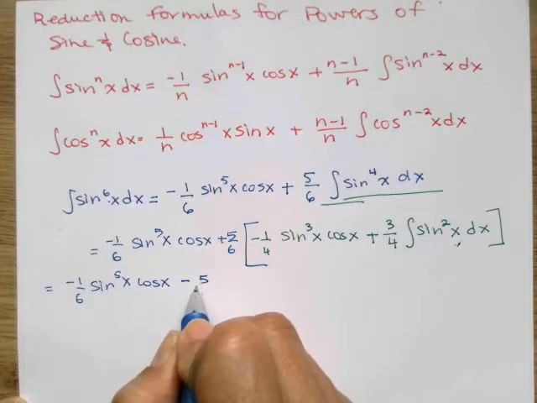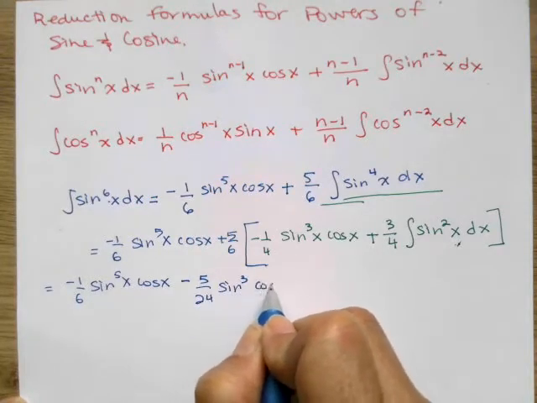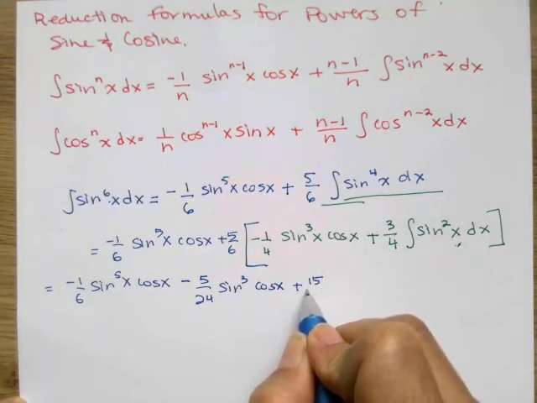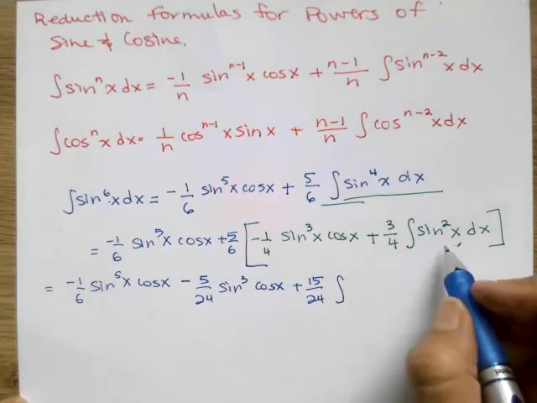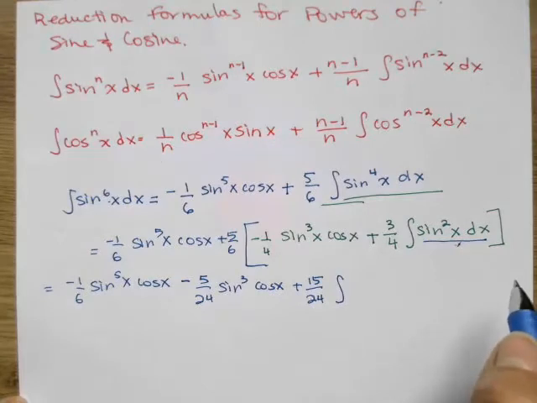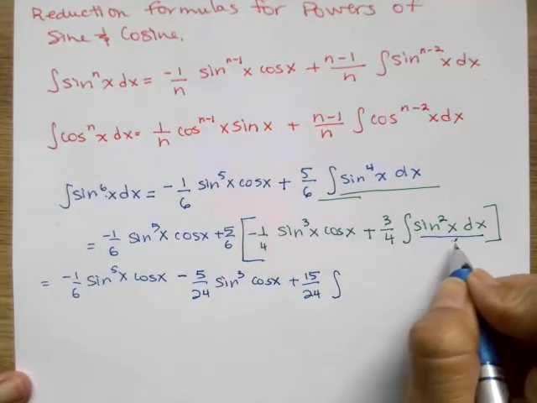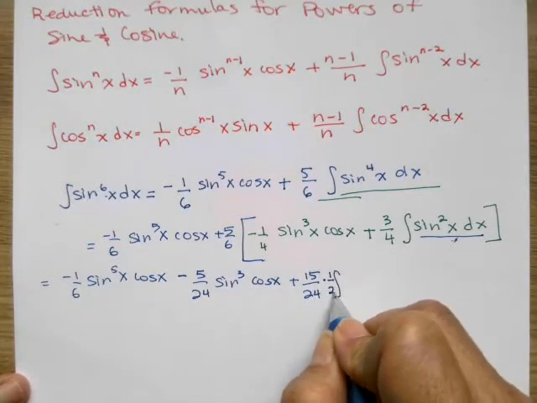So I'll have negative 5/24 sine cubed x cosine x plus 15/24 integral sine squared x dx. So I'm going to use my double angle formula. That's going to be a 1/2, so I'll bring my 1/2 out in front, 1/2 times the 15/24.